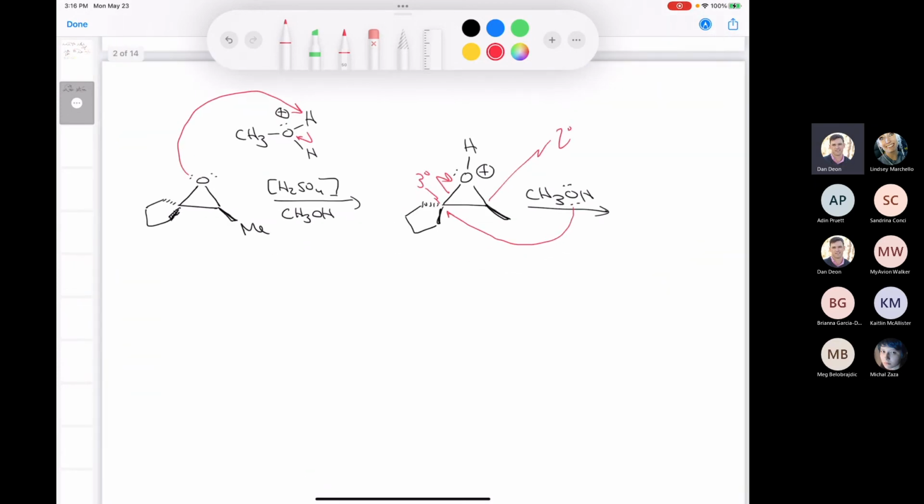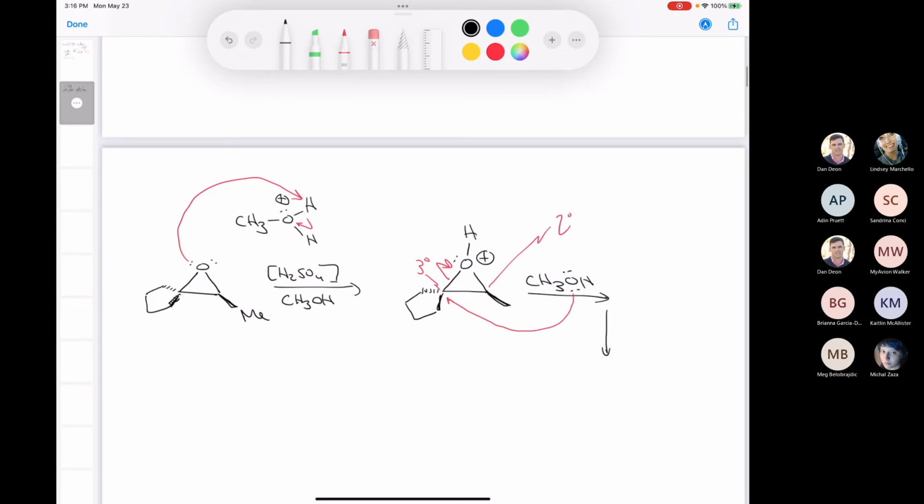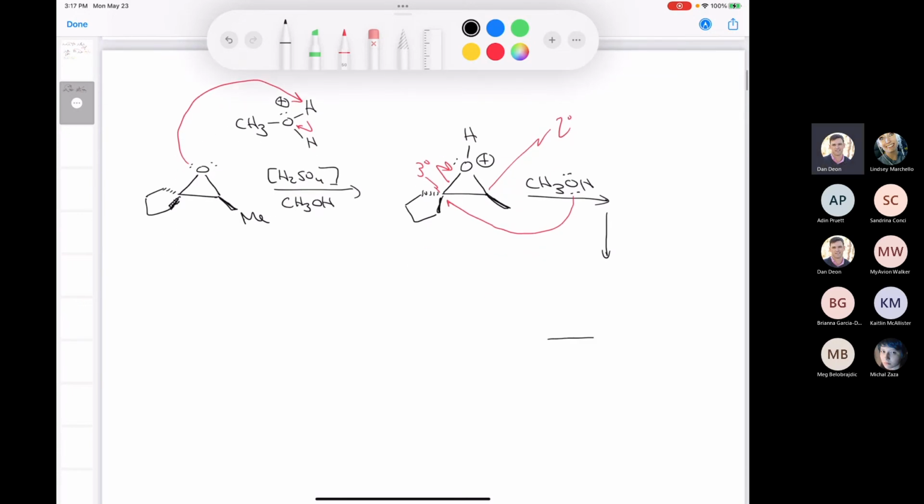So what that's going to do is in my product, still going to have this carbon-carbon bond, and this bond going down and out towards the viewer. But now my 5-membered ring is going to be pointing up because this is a backside attack.